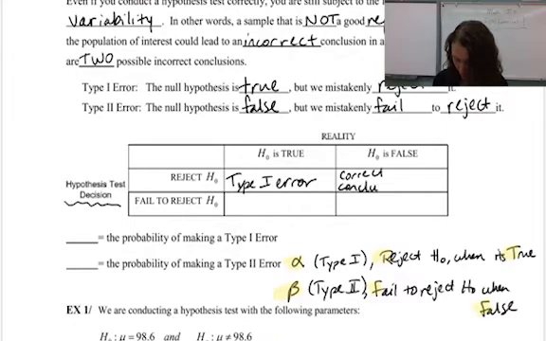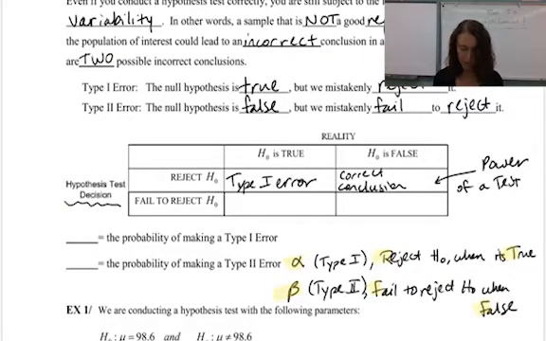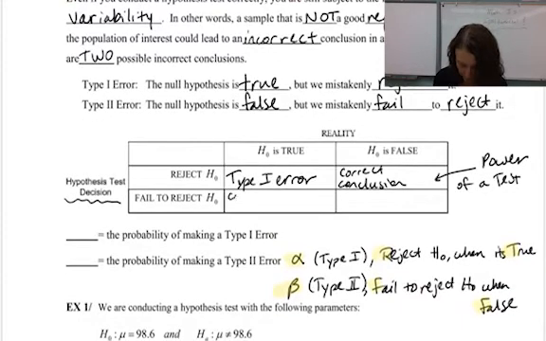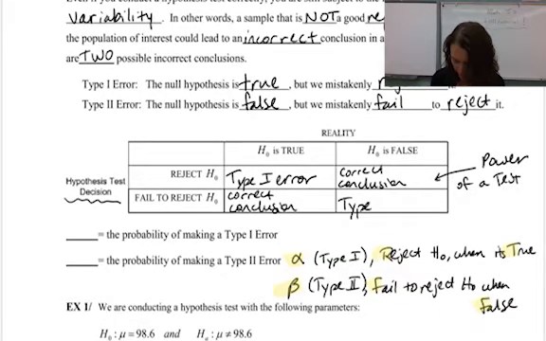And later we're going to talk about this being called the power of a test. Now, if we fail to reject H naught when H naught was true, this is a correct conclusion. So H naught was true, we failed to reject it, we did not reject it. That's good. And if we fail to reject H naught when H naught was actually false, this is our type 2 error.